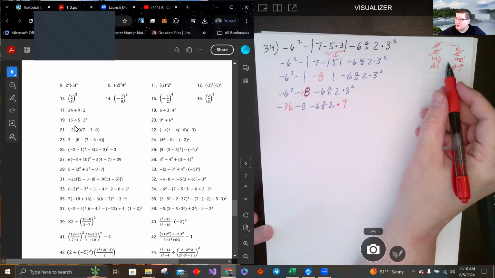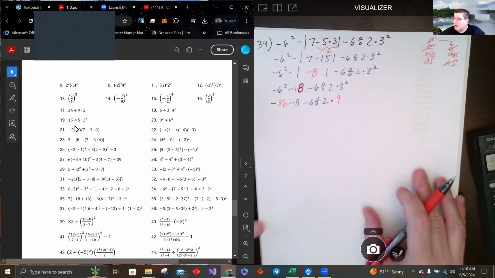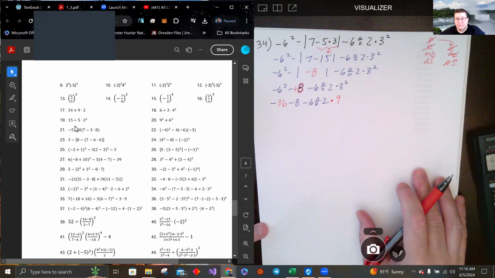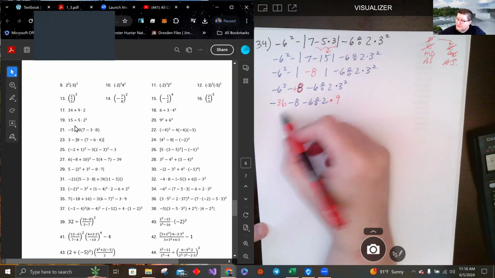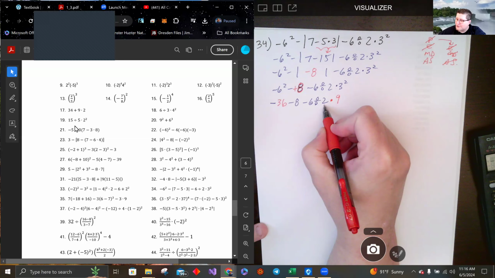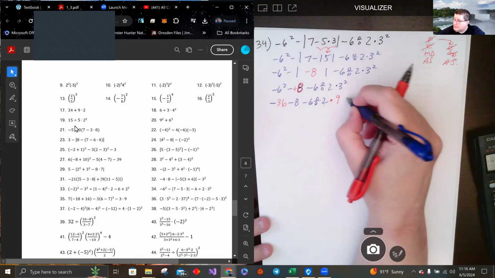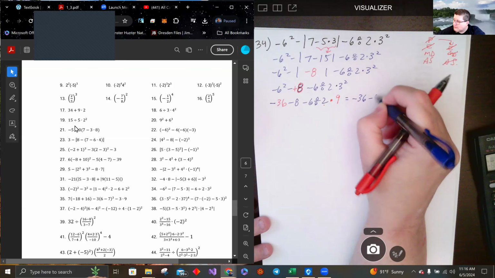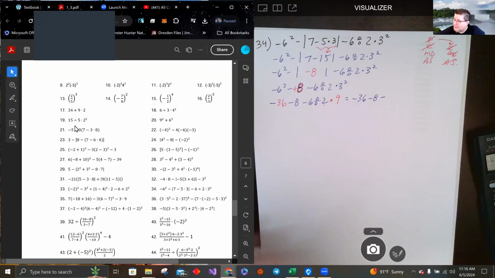Multiplication and division. I'm going to do these one step at a time because there's a couple and we need to go left to right. So left to right, we do the 6 divided by 2 first. 6 divided by 2 is 3.